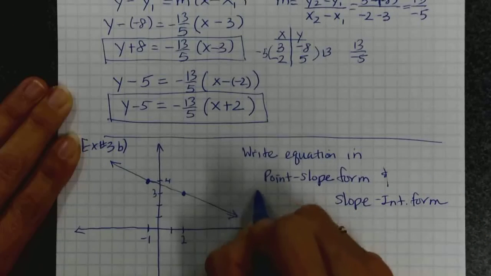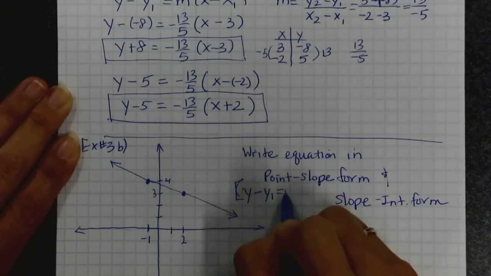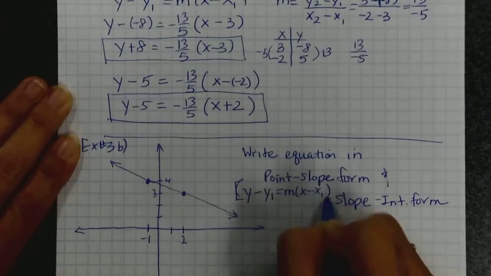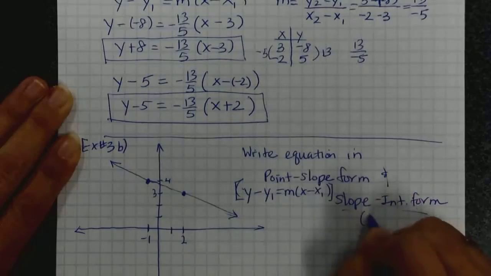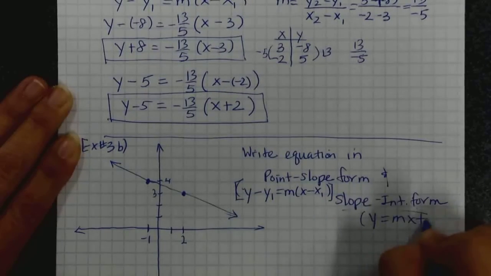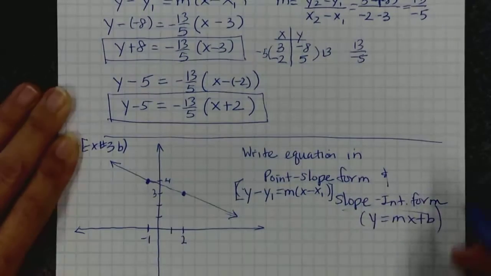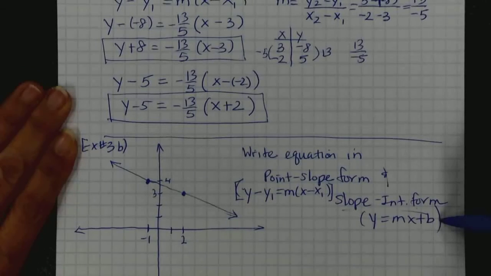So the point-slope form is y minus y1 equals m(x minus x1). And the slope-intercept form will be y equals mx plus b. There are two ways to write this one, and I'm going to show you how.